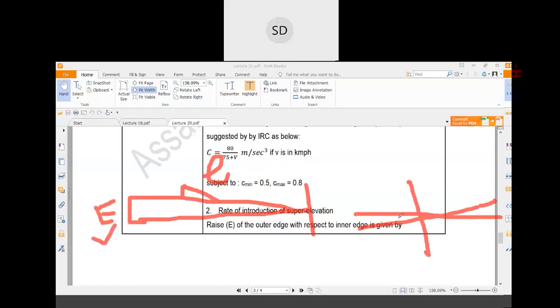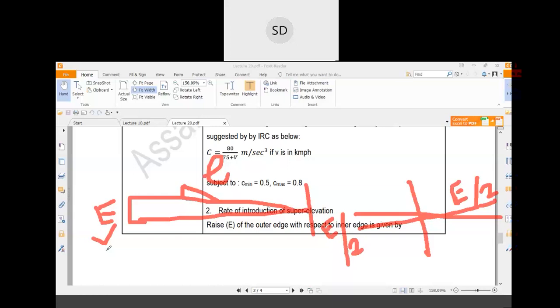But if you are rotating the pavement with respect to the central line, your E would be divided by 2 in both directions. So you are moving upward a total distance of E by 2 at the outer edge, and moving downward a distance of E by 2 at the inner edge. So ultimately your total raise of the pavement is E.